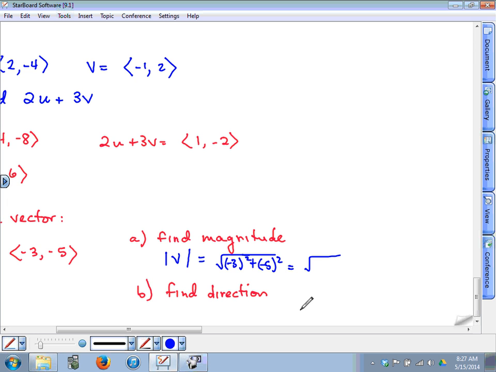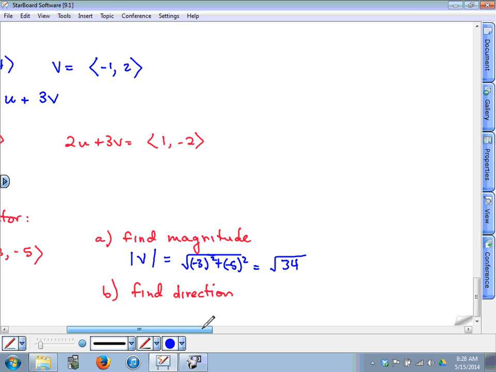So 9 plus 25, square root of 34, that's the magnitude. If it simplifies, then simplify it. 34 doesn't simplify, but if it was square root of 36 or square root of 45, anything that could simplify, you'd be expected to simplify. And this is okay to leave it like that. The direction, though.